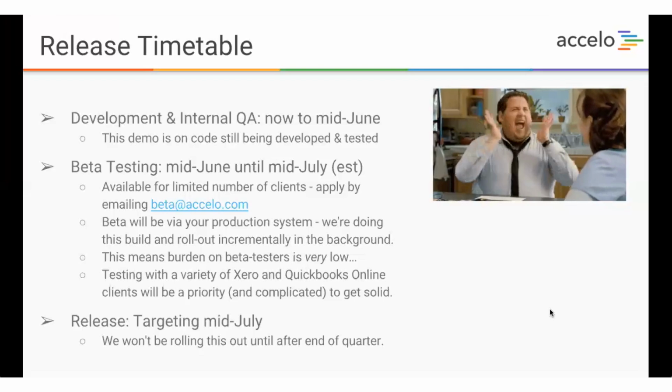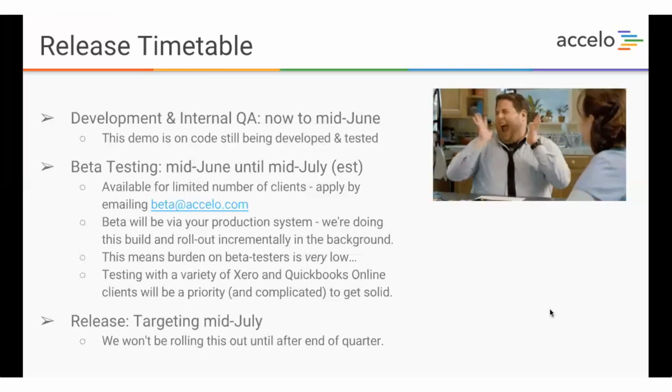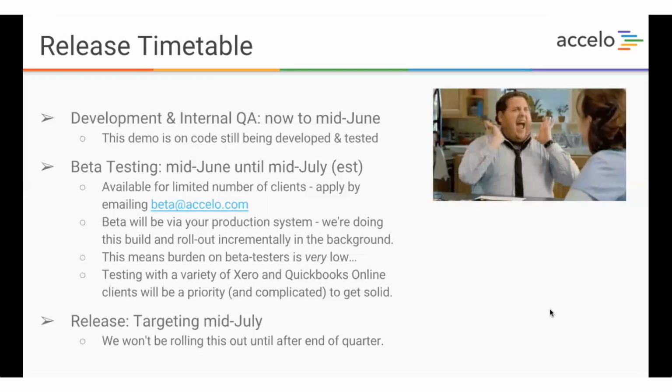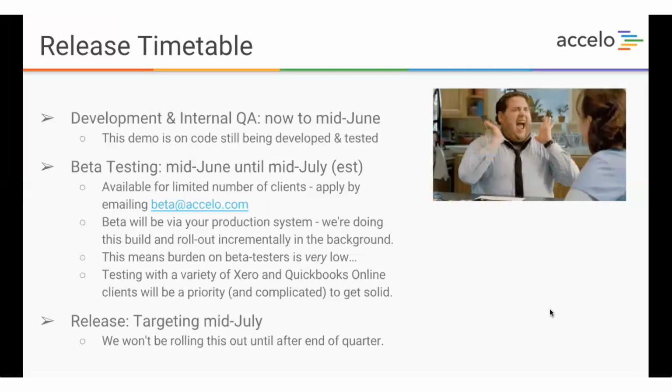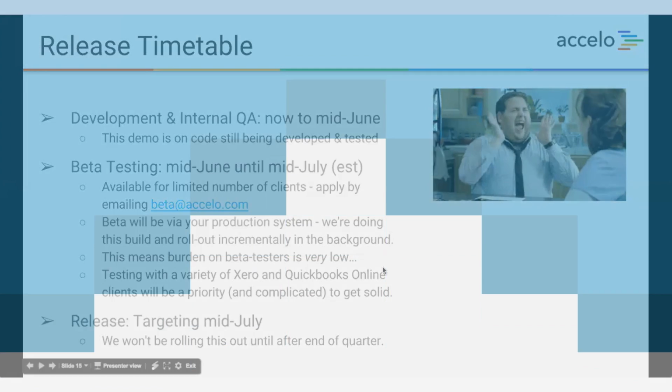This isn't the sort of thing that should be dropped on folks before the end of quarter. And for a lot of people in our customer base, end of June also happens to be the end of financial year. So another good reason not to be dropping things prematurely. But if you are in the beta, you'll actually be really using the real stuff. So you'll be able to take advantage of it pretty much straight away, just with that asterisk of it being a beta attached.